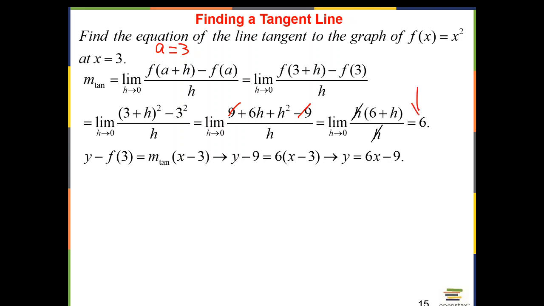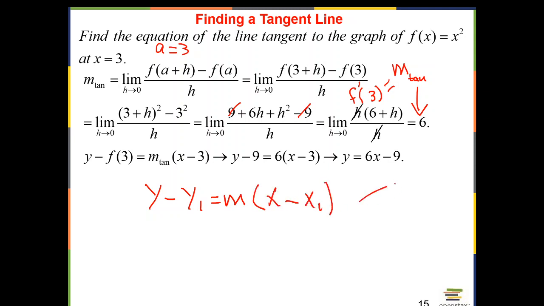So this right here is the slope of the tangent line. Another name for that, of course, is f prime at 3. And the way we write the equation of the tangent line is, now in algebra, you know that y minus y1 equals m times x minus x1. That's the equation of a line that goes through a point x1, y1 and has a slope of m.